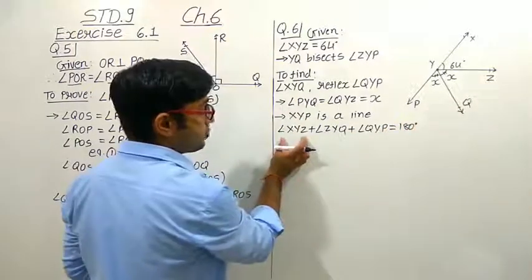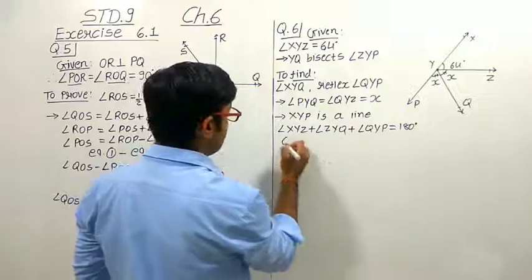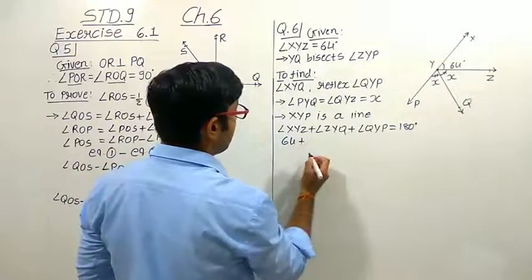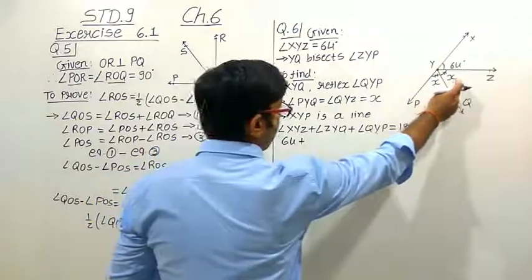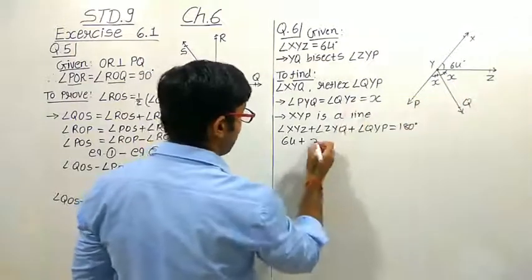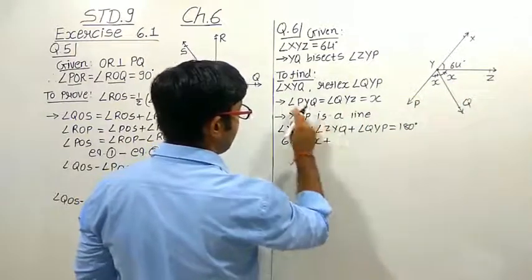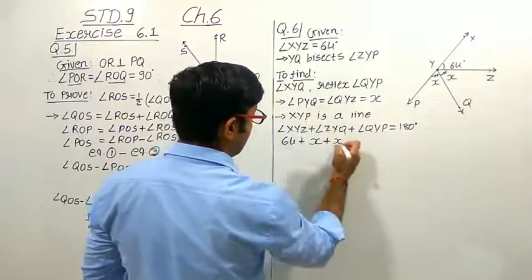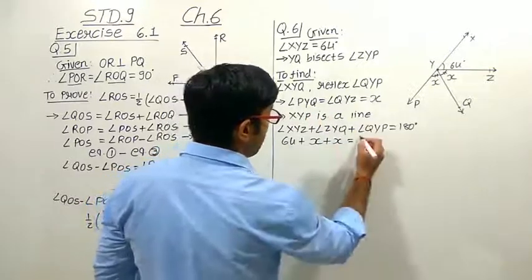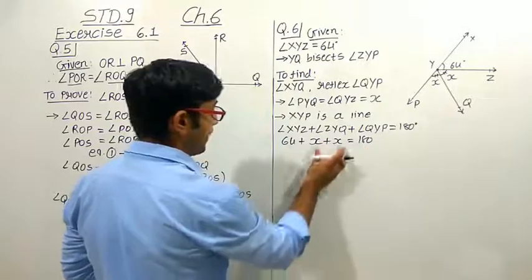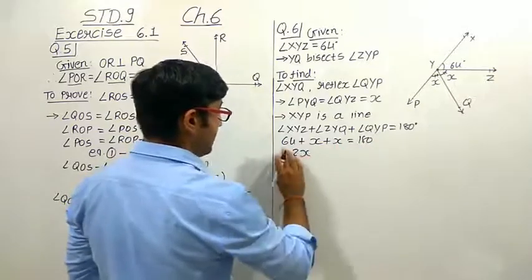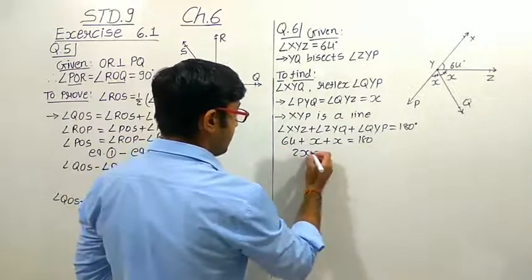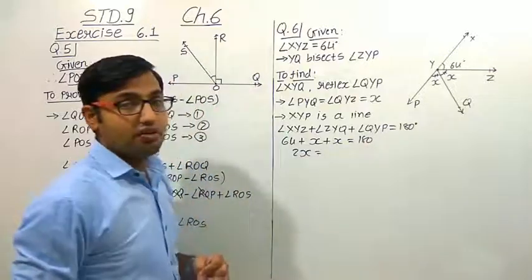So put down all the values. Here we have XYZ, that is 64, ZYQ. Now ZYQ is what we have supposed here, ZYQ is X. In the same way, PYQ we can write as X, and the total is equal to 180 degrees. X plus X is 2X. Take this 64 to the right hand side, it will be subtracted from 180.